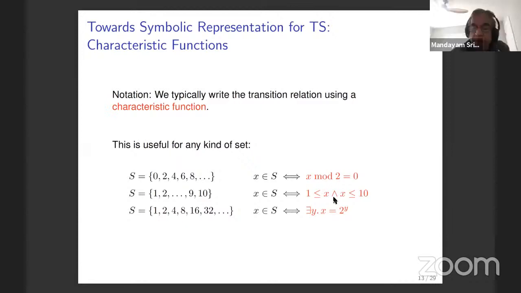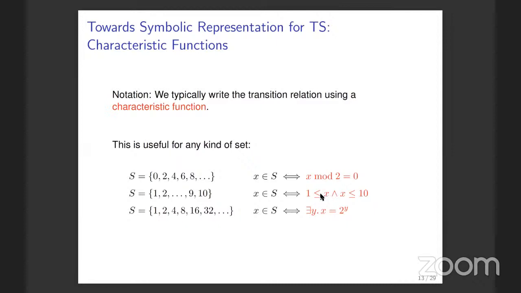Why is "and" required? Because this one includes only those values between 1 and 10. Therefore, it is either x greater than or equal to 1 and x less than or equal to 10. Yes, that's an "and" of two conditions.